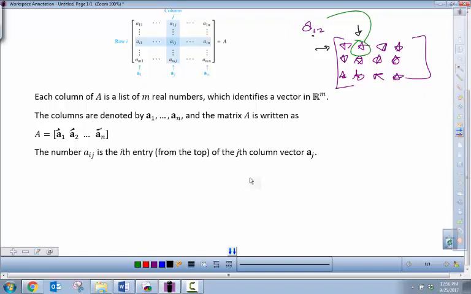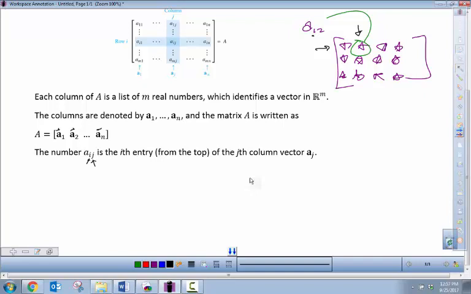And then the number ij, so if A sub ij, you would look at the column that they're in. They're in the jth column. And then you look at how far down in the row you're going. You're going the ith entry down, right?